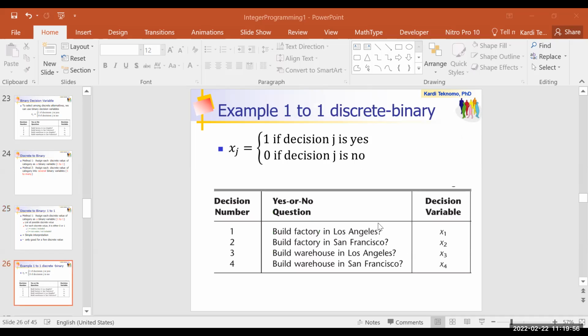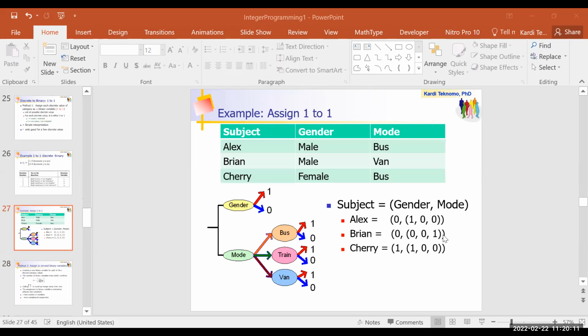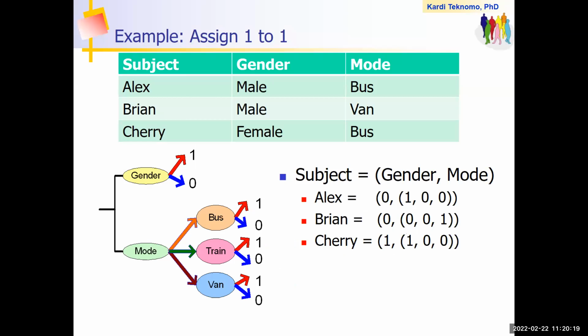So this is another example. Yes and no: build factory in Los Angeles, build factory in San Francisco, and so on. For each variable value, you assign yes or no. Here is another example. Can you see it? Suppose I have a table of three subjects, named Alex, Brian, and Cherry.